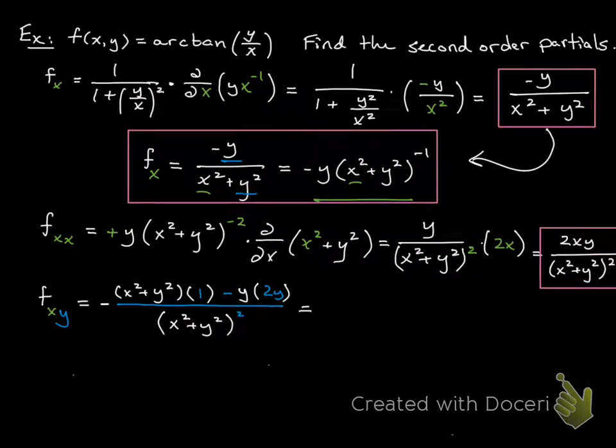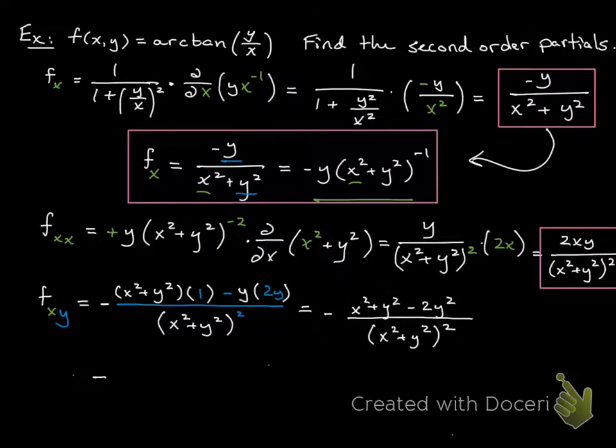Simplify a bit. When I multiply through here, I end up with x squared plus y squared minus 2y squared, and there's a negative out front of the whole thing. Divide that by x squared plus y squared, squared, and then y squared minus 2y squared is a negative y squared.